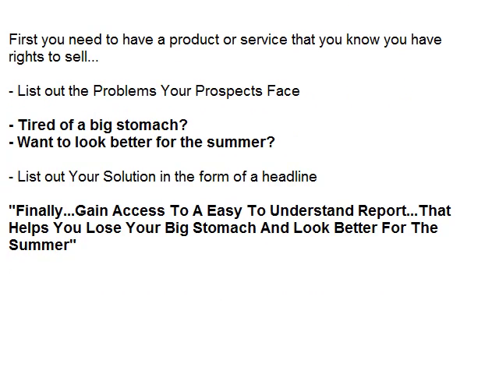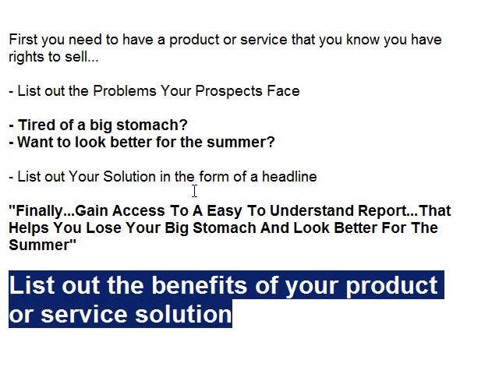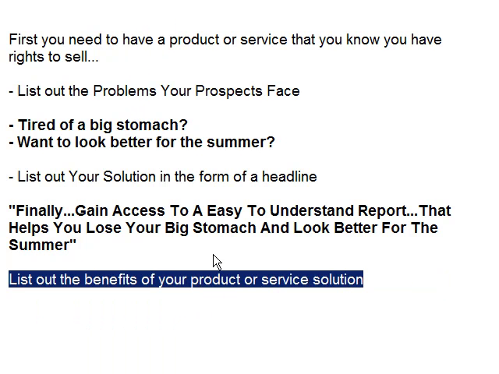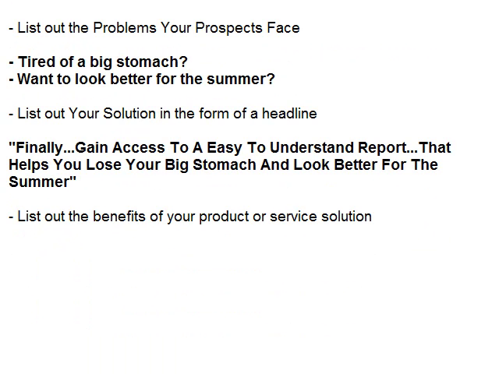The next thing you want to do is list out the benefits of your product. So let's say I have a product. You could say something like, with blank, and the blank is the product name or the service that you're providing. With blank, you can, and start listing out benefits.